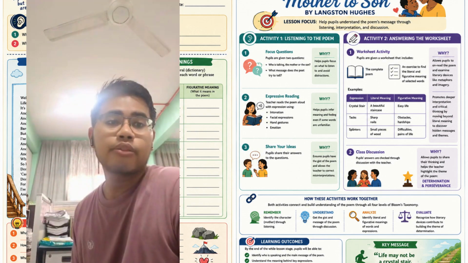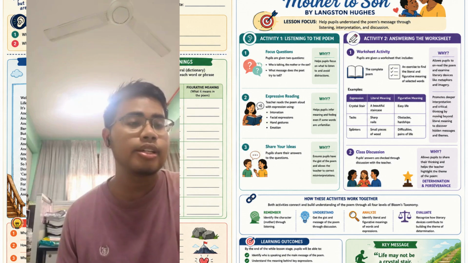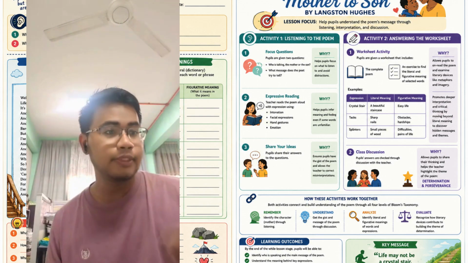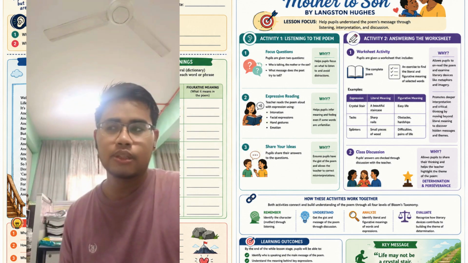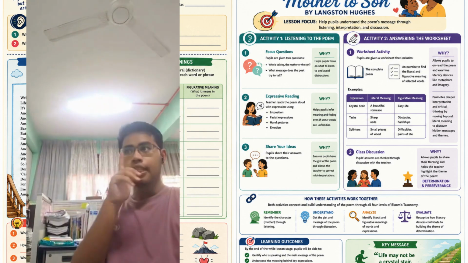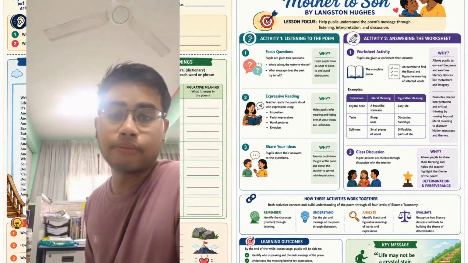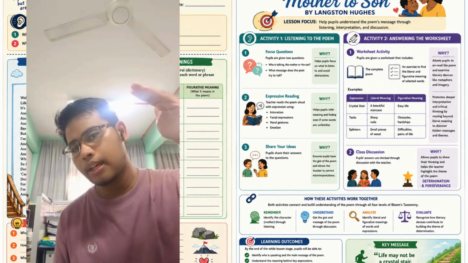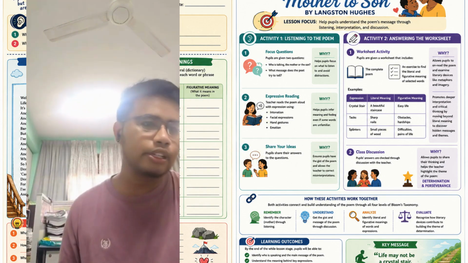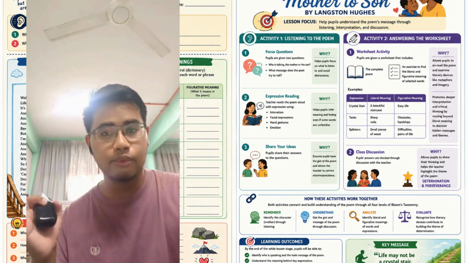So overall, both activities in the while-reading stage are connected with each other, again providing effective scaffolding, because scaffolding is a support where we want students to get to one stage, but in order to do so, we cannot push them right away.